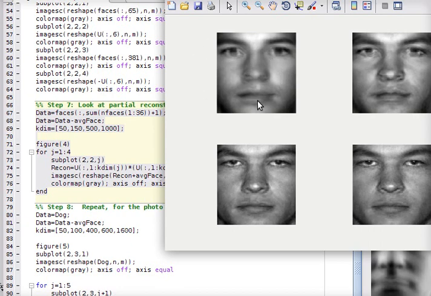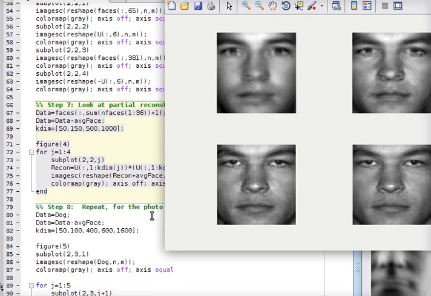I don't think you can tell that was that person. When you get to 150, that's this upper right, it's starting to be recognizable, but it looks like the eyes don't really come into play or into shape until about 500. So it takes a lot of eigenvectors, I think, to get the eyes to be right.